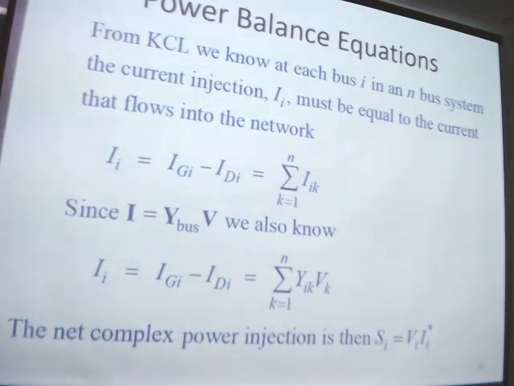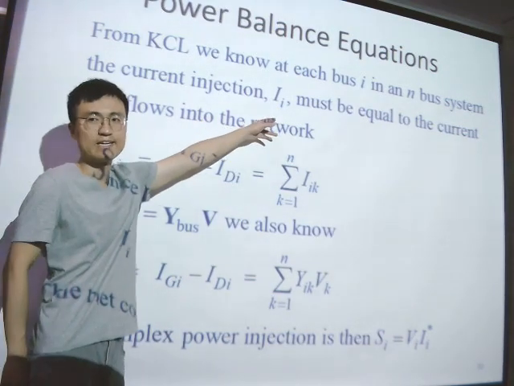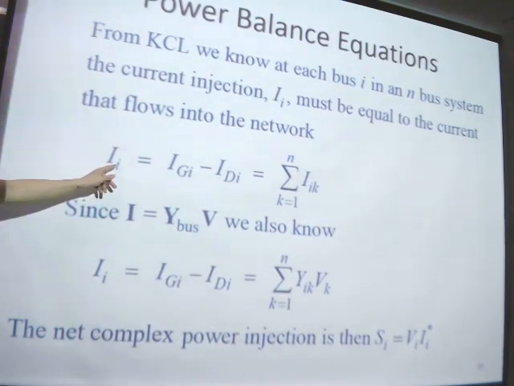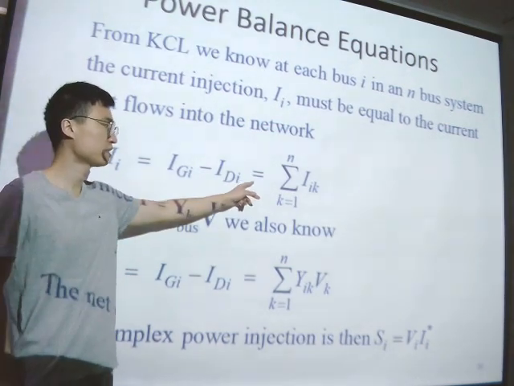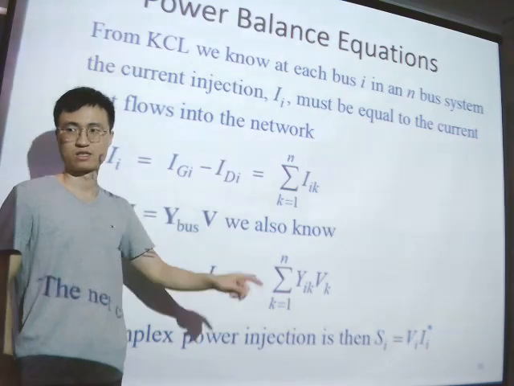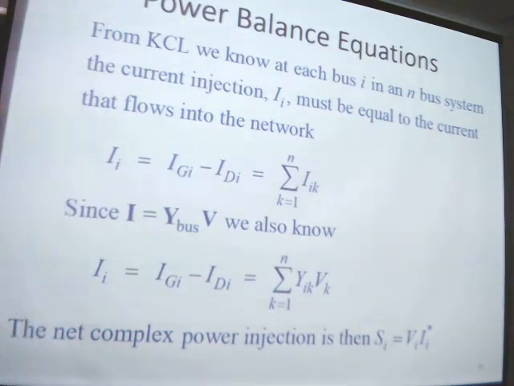The current injection I here is equal to the current flowing into the network, okay? The current I here is equal to the current flowing into all other connected bars, right? You understand it? Okay?